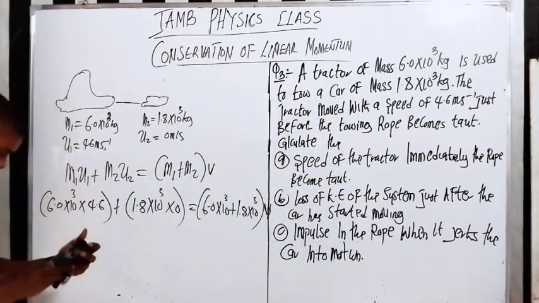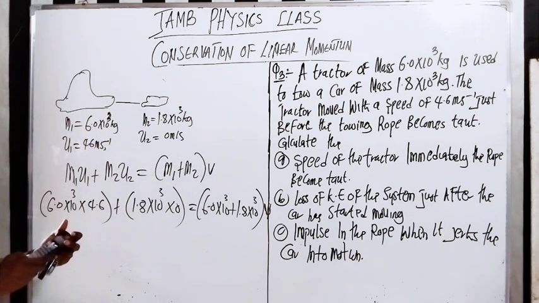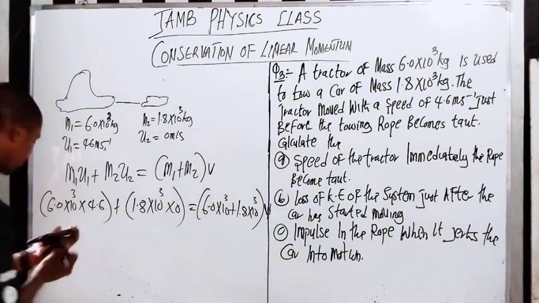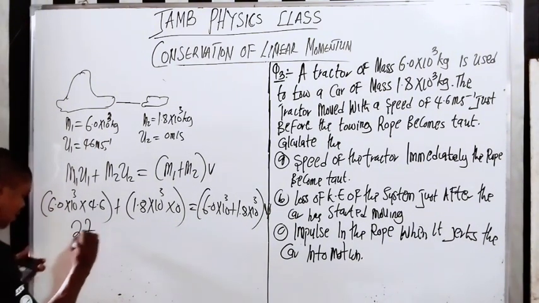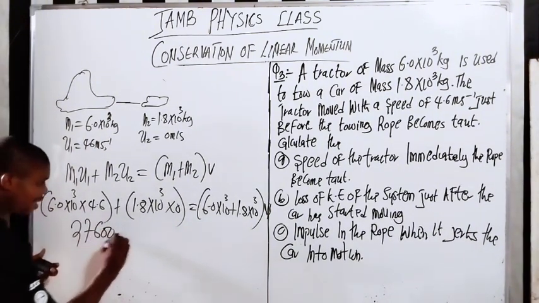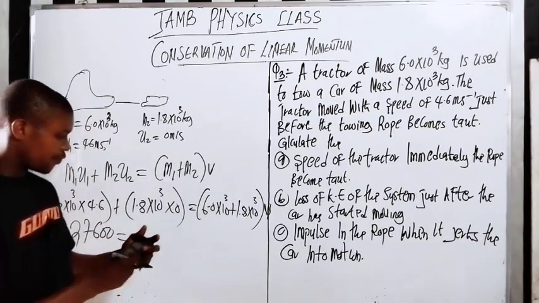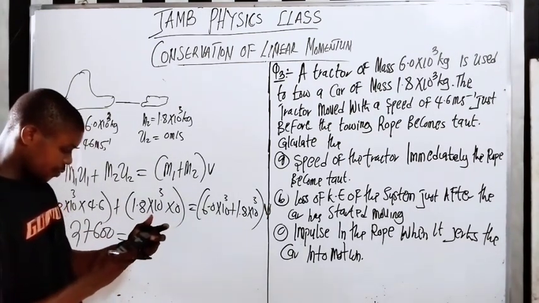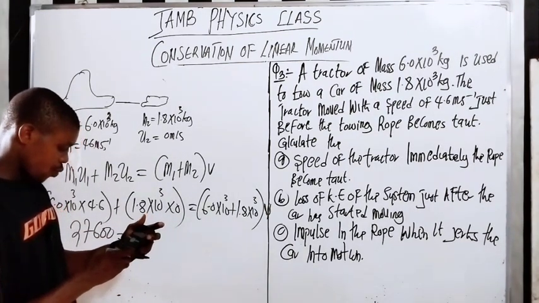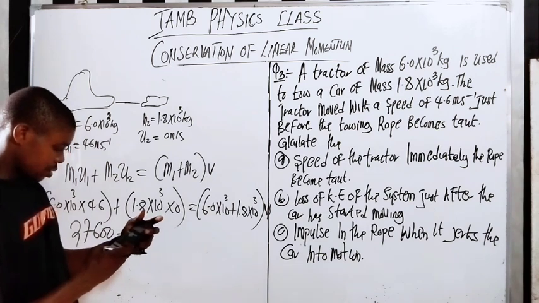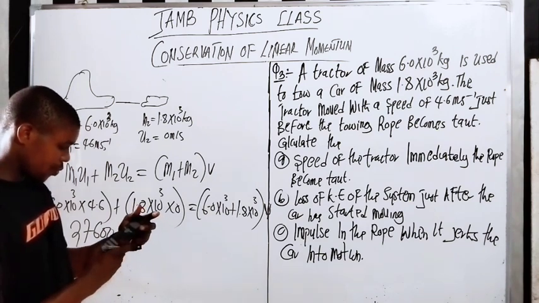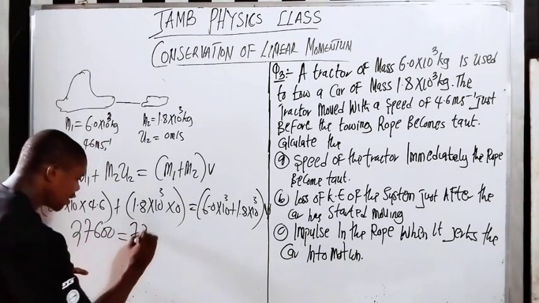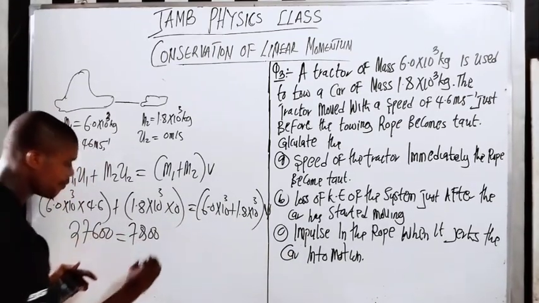So now let's calculate this guy here: 6.0 × 10^3 times 4.6. What is the answer? You have 27600, equals 6.0 × 10^3 plus 1.8 × 10^3, which gives 7800, times v.